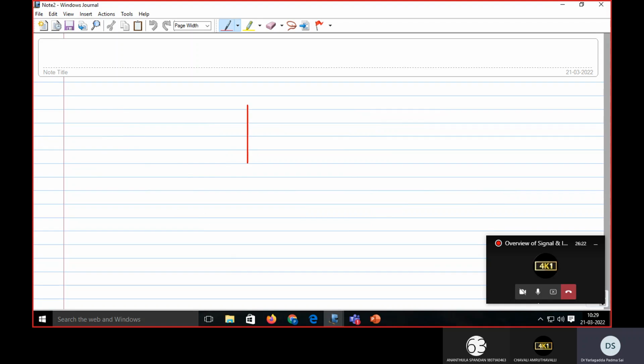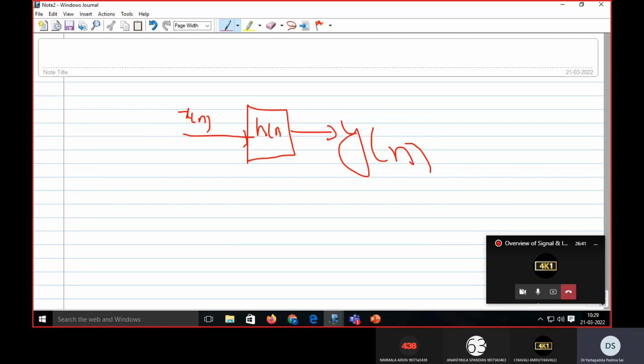Now actually quickly I will tell the convolution equation. Most of you are making mistakes. Okay, this is my x[n], and system function is h[n], and output is y[n]. When you are performing convolution, that is already you know, summation k equal to minus infinity to infinity.